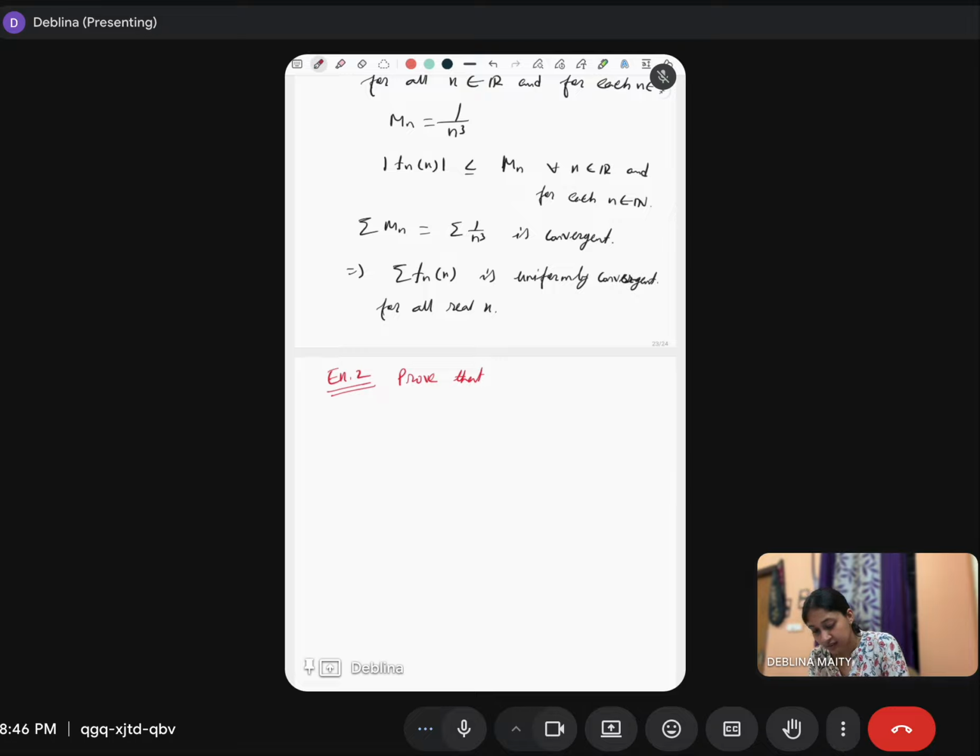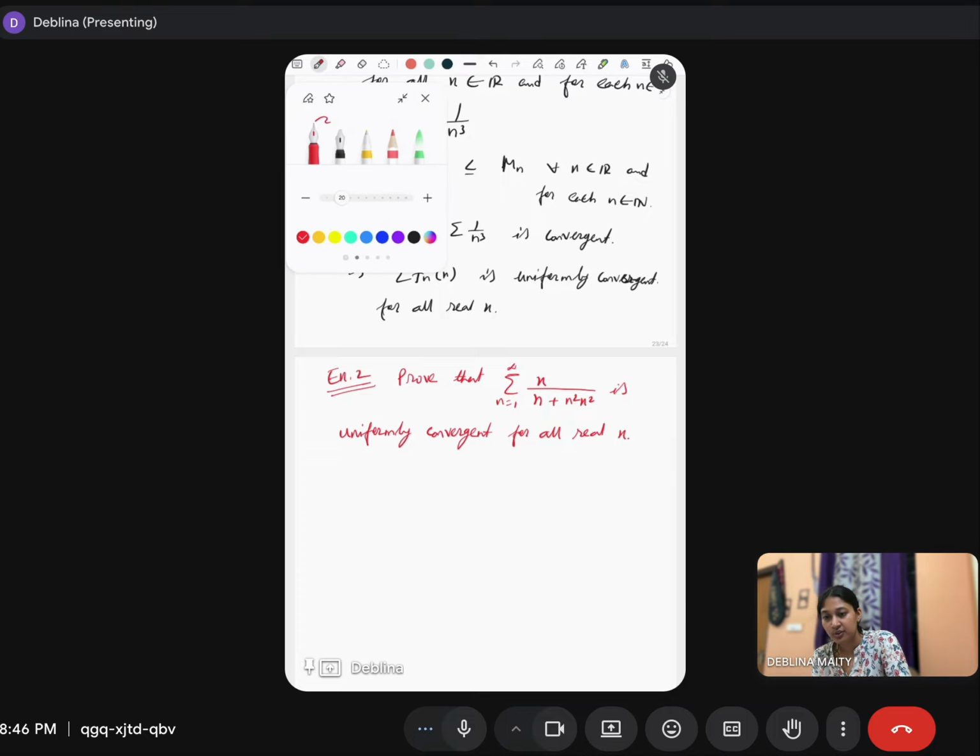Prove that the series of functions, the sum of x by n plus n square x square, is uniformly convergent for all real x.